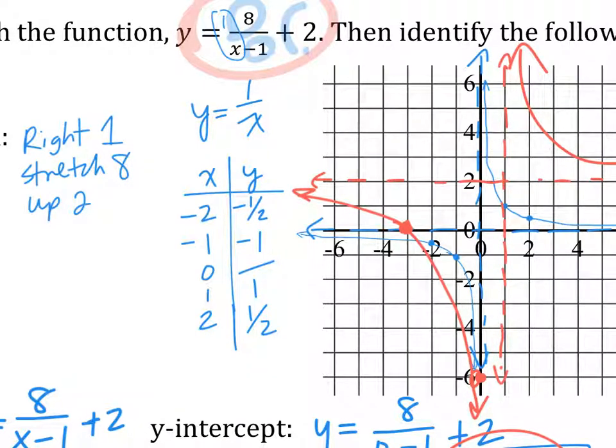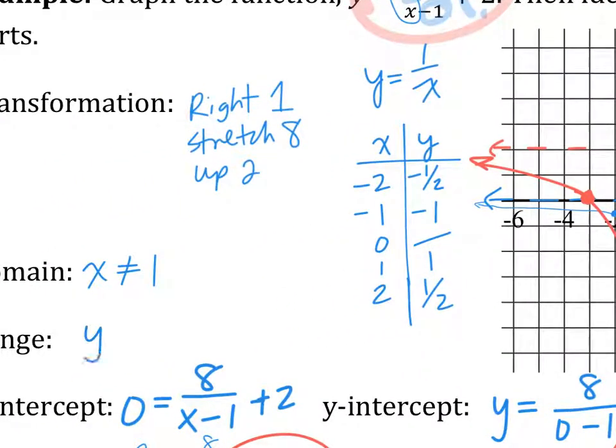What can y equal to, or what can y not equal to? Good. Y is not equal to 2, because that is the horizontal asymptote. So if you look at the red graph, the graph is never going to cross y equals 2 because that's the horizontal asymptote.